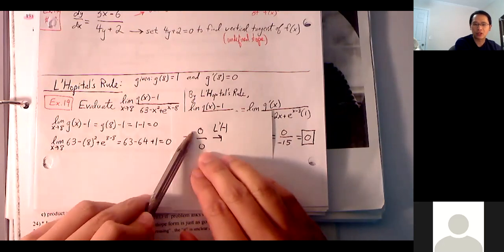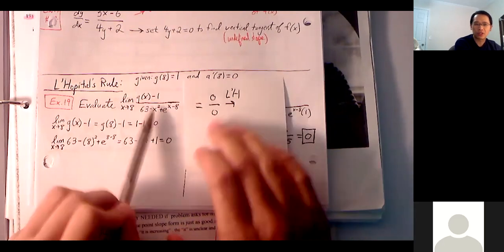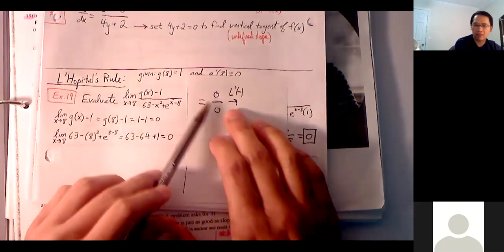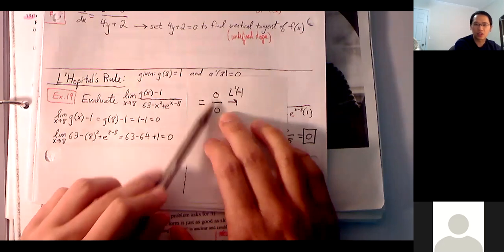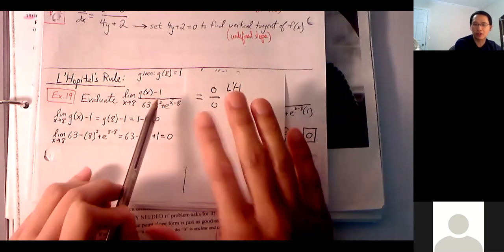They don't like this 0 over 0. The reason is that when we plug 8 in, it doesn't represent every instance of 0 over 0. And so this is a little problematic in terms of notation. So here's a safe way to do it.